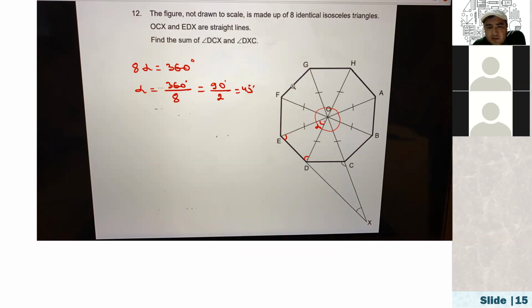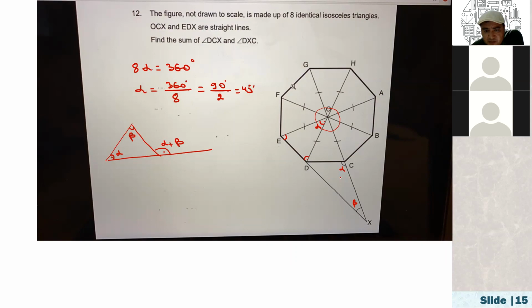So let's say this angle is alpha, this one is beta, right? And I'm just going to use this property of triangles. This one is an interior angle, let's say alpha, another interior angle is beta, and the exterior angle will be the sum of the remaining two interior angles.